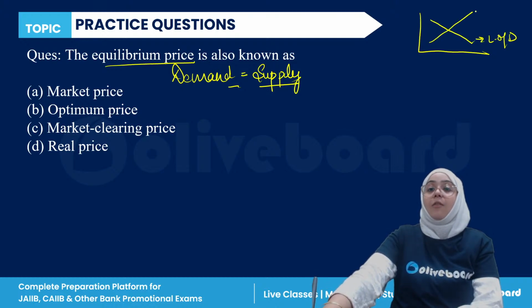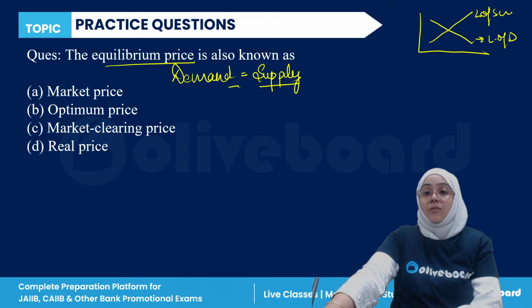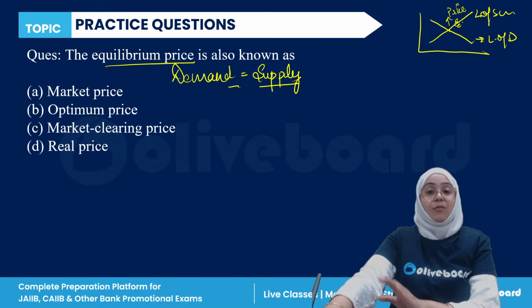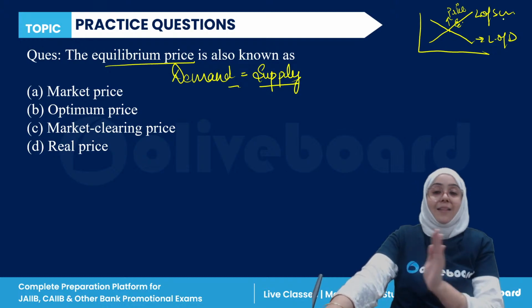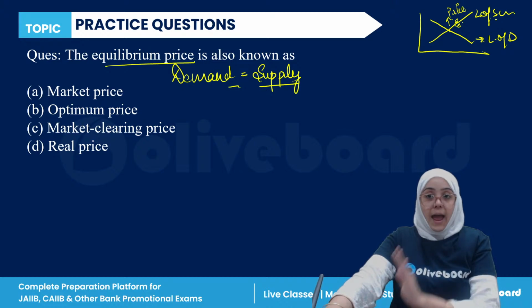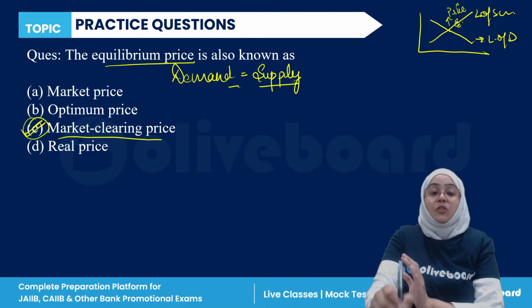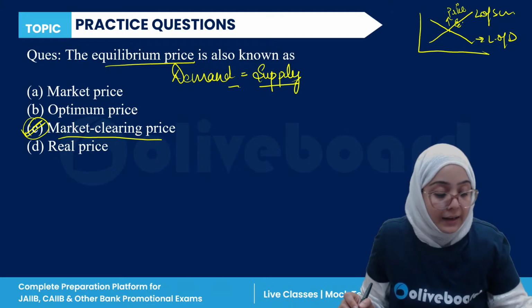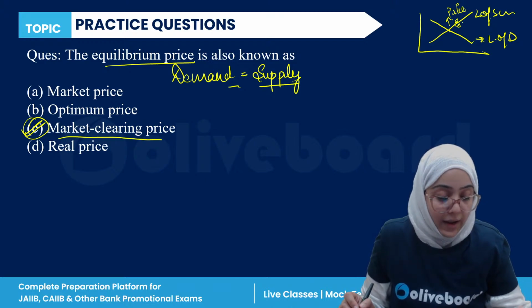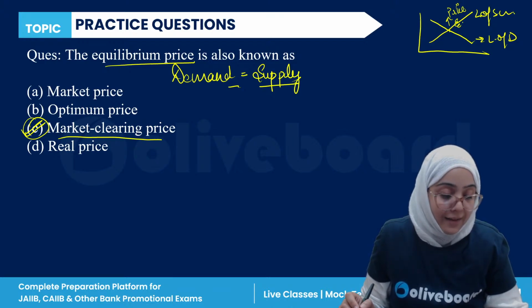And the law of supply curve is upward sloping. This is the law of supply. When the law of demand and law of supply curves intersect, there is a point which is known as the price equilibrium, where the buyer is satisfied with the seller, where supply is also equal to demand. And this is also known as the market clearing price. This is also known as what? Market clearing price, everyone. Okay, so C is the correct answer.